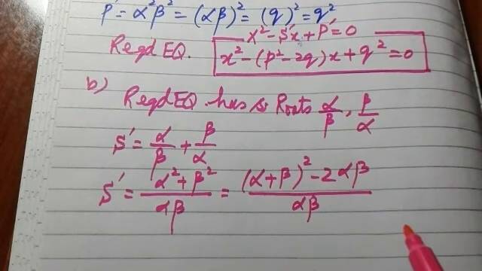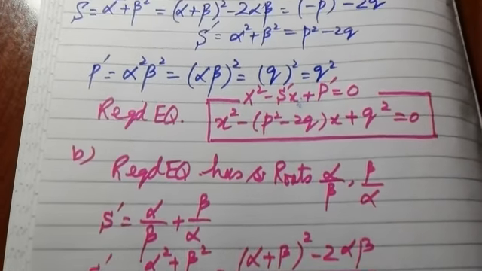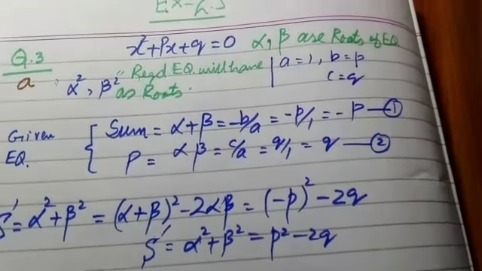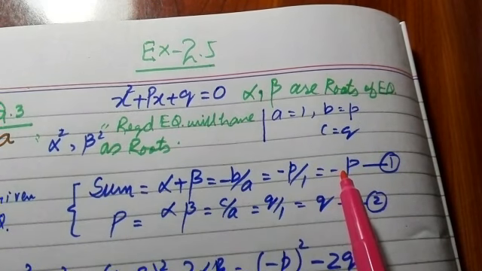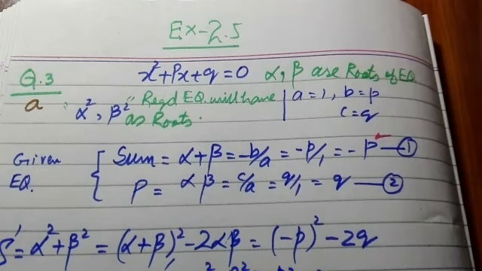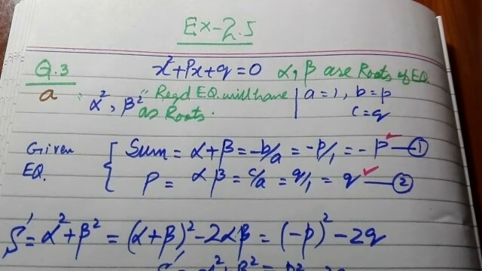So once we get it, we will substitute the values of alpha plus beta. As I just worked out in the previous part, the same will be used again from equation number 1, that is alpha plus beta is equals to minus p. Right? So we will use this value. This is the value of alpha plus beta. And we also have another value, alpha beta, that is q. So we will use this second value as alpha beta equals to q.